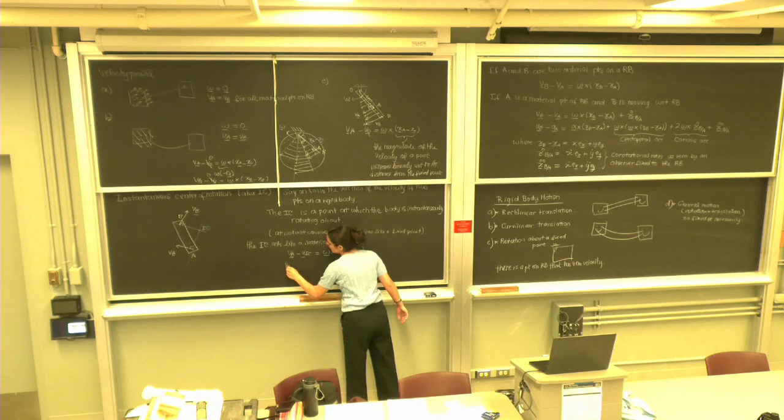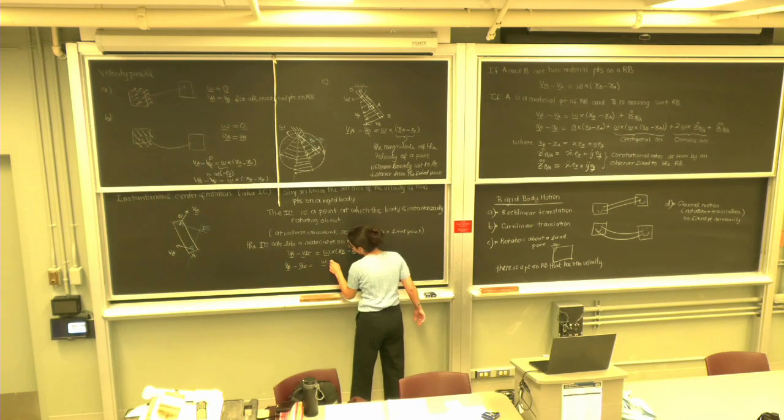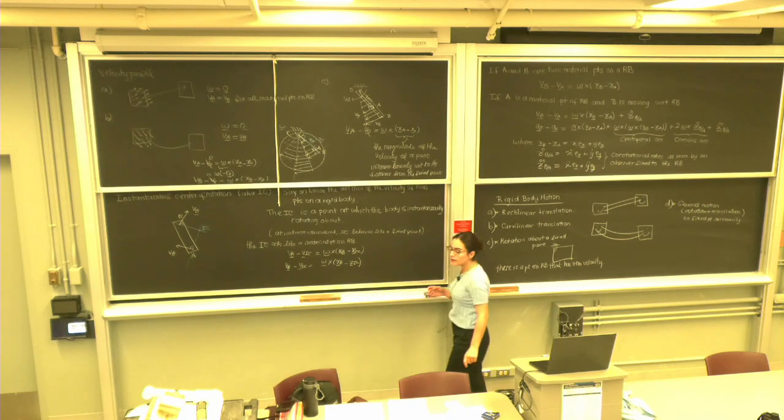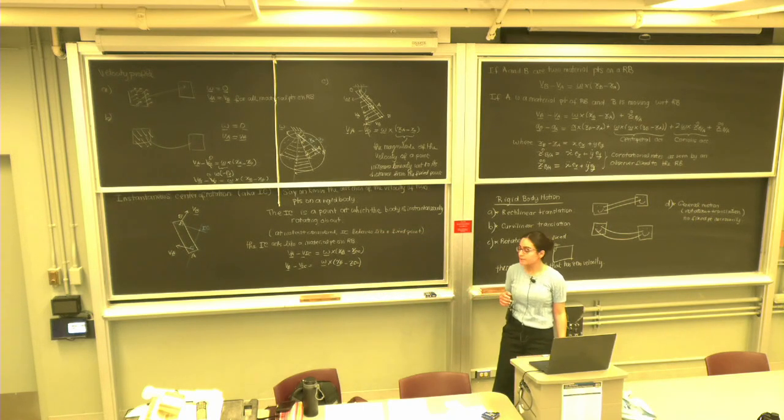And VB minus VIC is equal to omega cross XB minus XIC. Does it kind of make sense how I drew the IC?